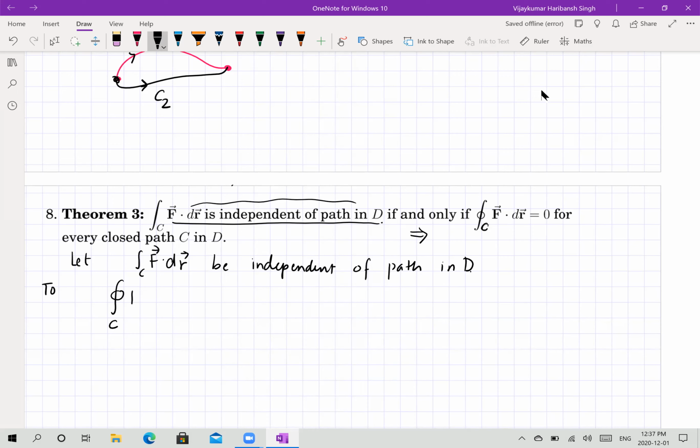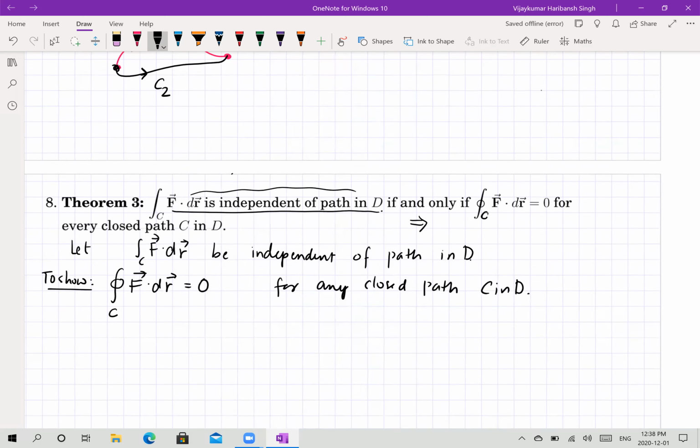Now to show that the integral of F dot dr is 0 for any closed path C in D, let's start with the closed path.